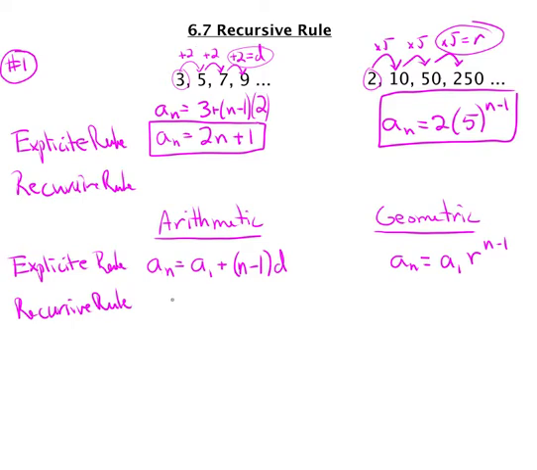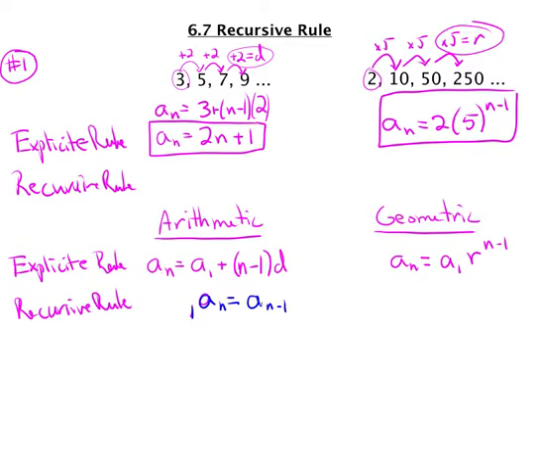Now, the recursive rule follows some of the similar numbers. We use the same numbers, we just use them in a different way, in that we look more at the differences. So what we do is we start with a sub n again. And so the recursive rule will be a sub n equals, and now we're going to start with the number before n.